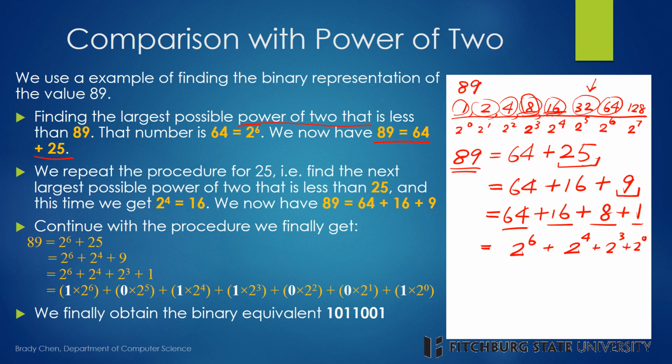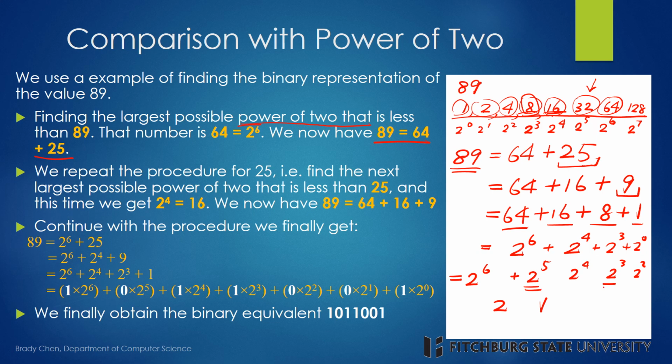Now, we have some powers of 2 missing, right? If we want to make a complete list, we're supposed to have 2 to the 6, then 2 to the 5, 2 to the 4, 2 to the 3, 2 squared, 2, and then 1. So this term is missing, right?